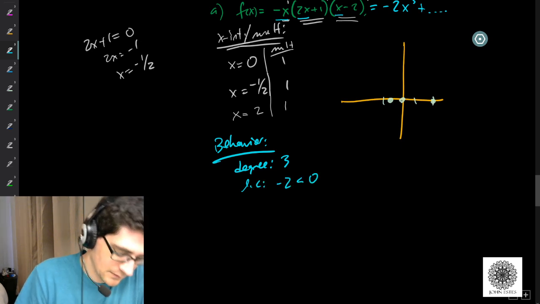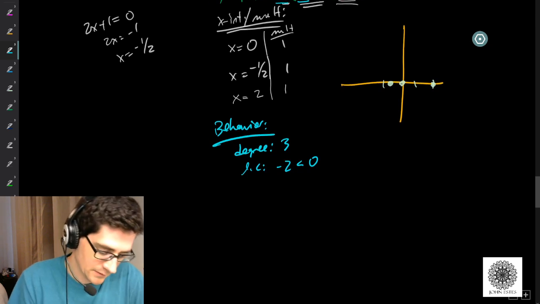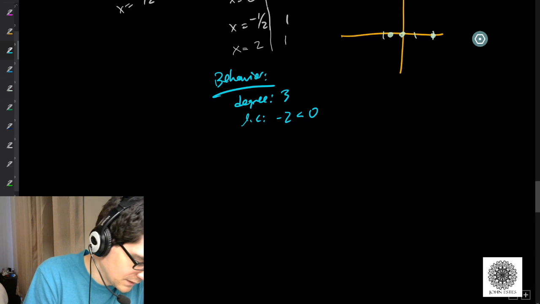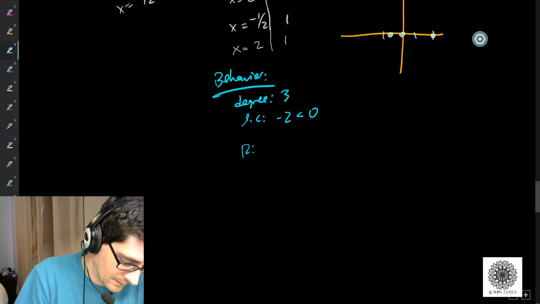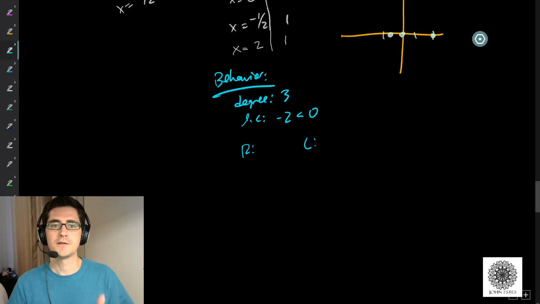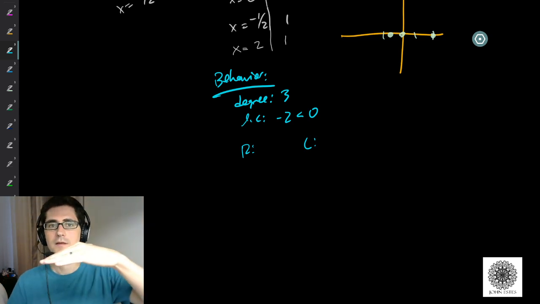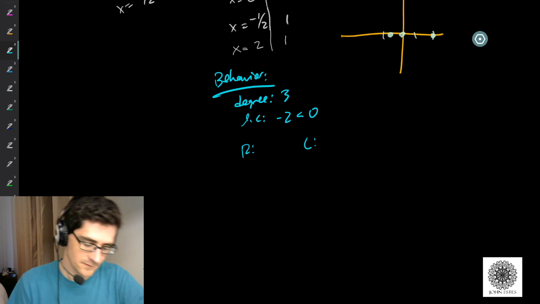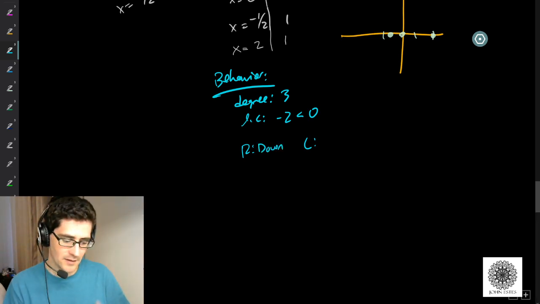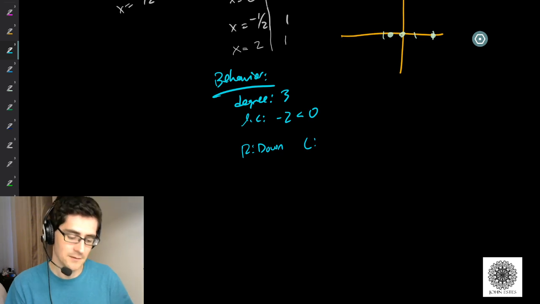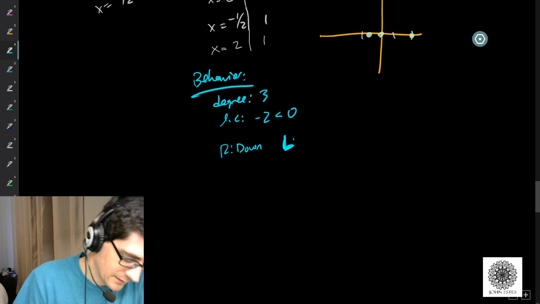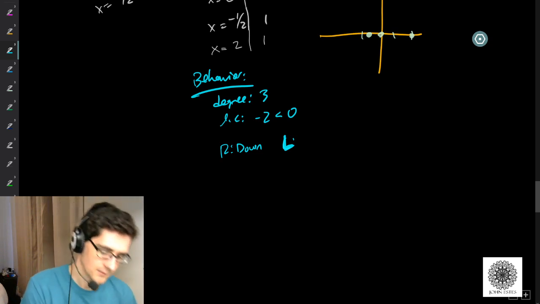Okay, so that tells me some stuff. What does it tell me? So from the leading coefficient, I know that on the right, since I have a negative leading coefficient, as I'm going out to infinity, my function is going to be going down to negative infinity, so my right behavior is down. And on the left, is it down or up?